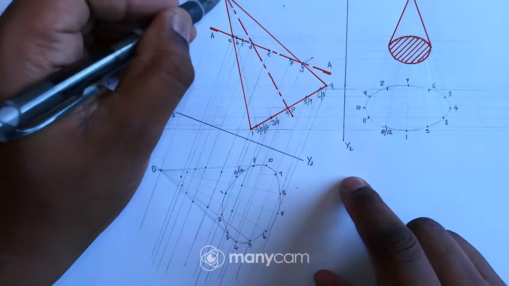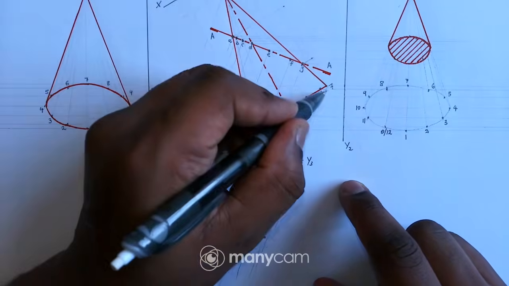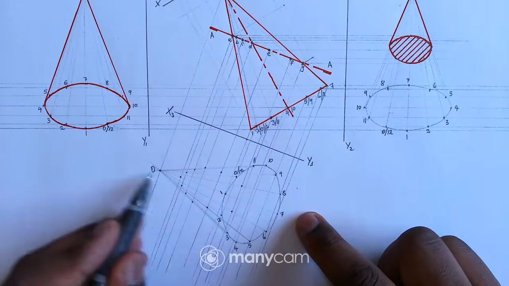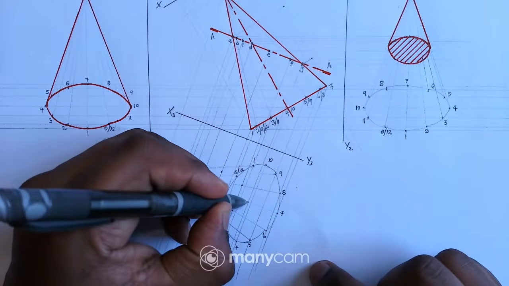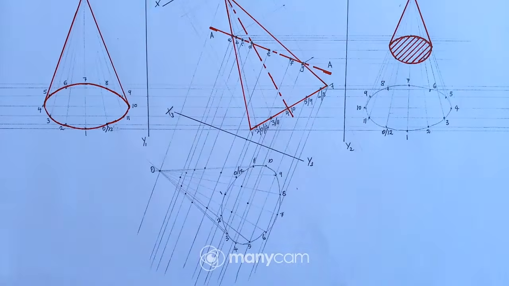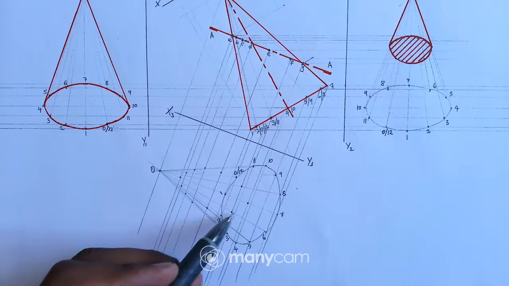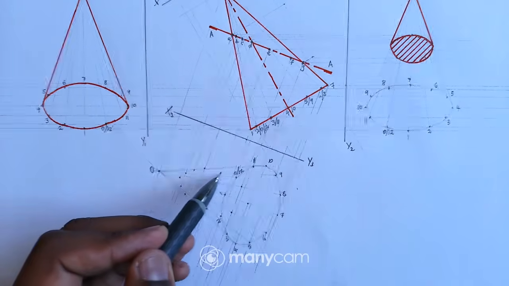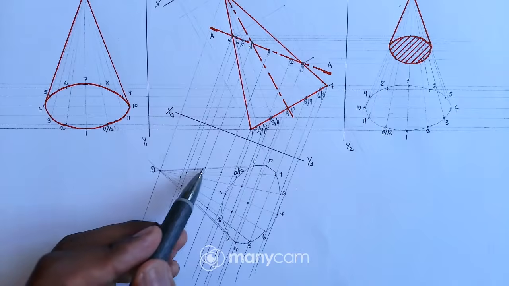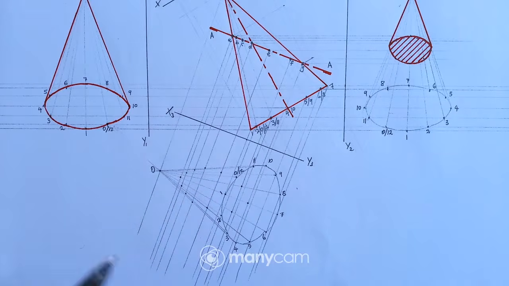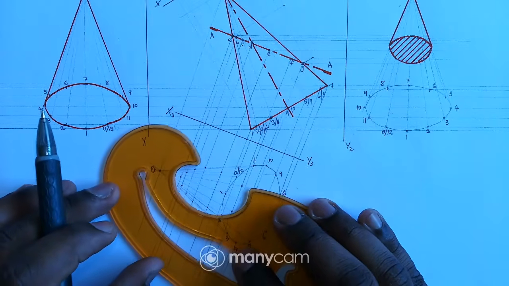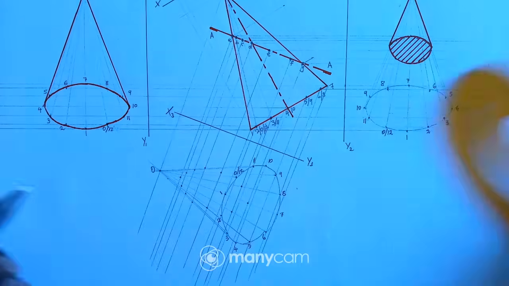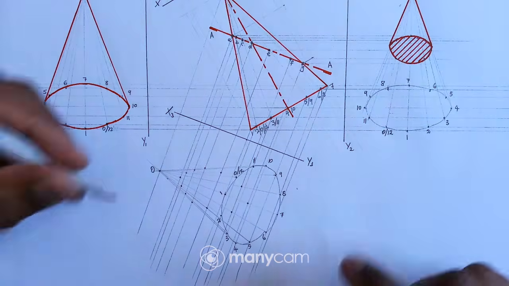I move to the last point, G. So here the cutting plane is cutting O7. So O7 is there, right? So just project the point to this line, right? So obviously I'm done with the cut surface. I will have to connect all the points, right? Okay, so now I have to connect the points. Just use freehand.